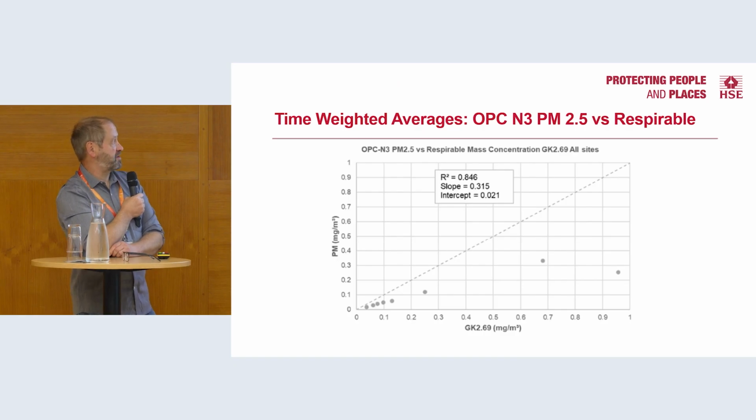You can see it's very linear on the whole, apart from at the higher concentrations, where it is giving a response lower than the respirable fraction, which is what you would expect, and that had a correlation coefficient of 0.8, which isn't too bad. What we've got there is the data from three different sites, from three different groups of samplers at each site. So the fact that we're getting a reasonable correlation is pretty impressive.